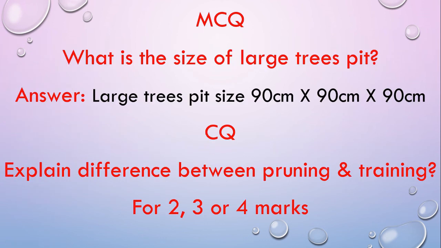From this chapter you can get MCQs like what is the size of large tree pits. Sometimes you can get questions such as explain the difference between pruning and training, for 2 marks, 3 marks, and 4 marks.